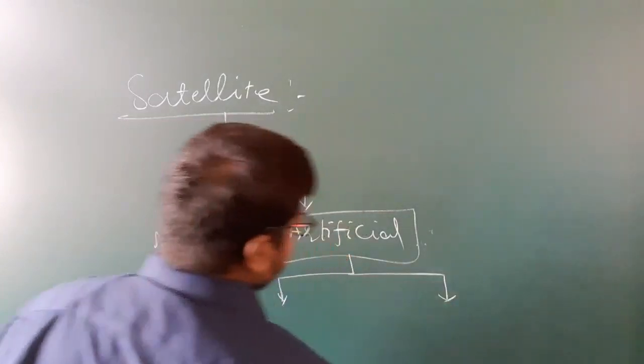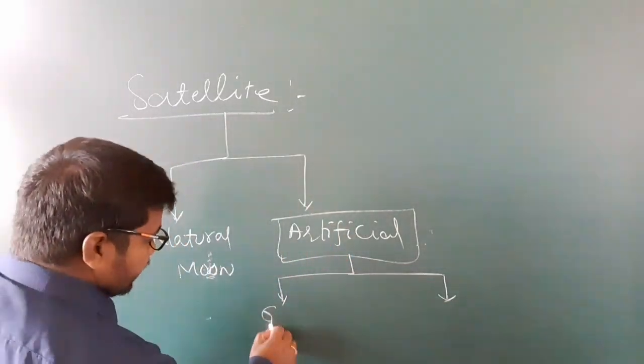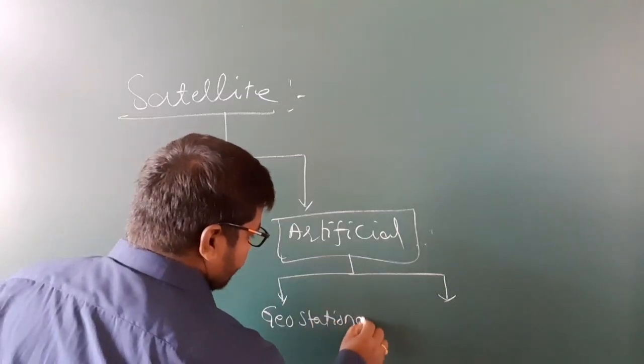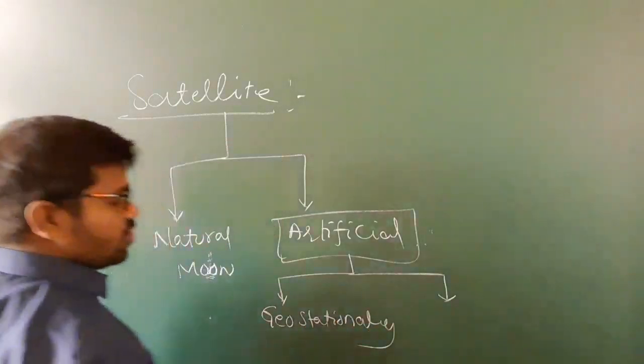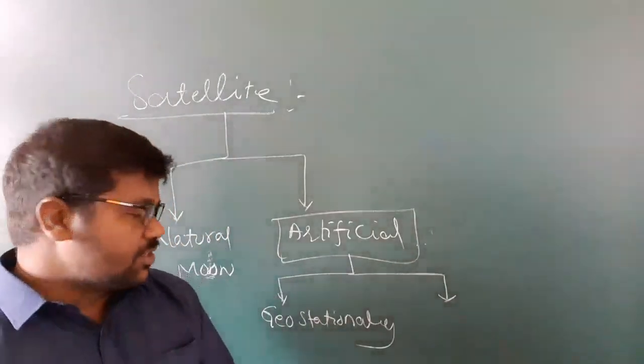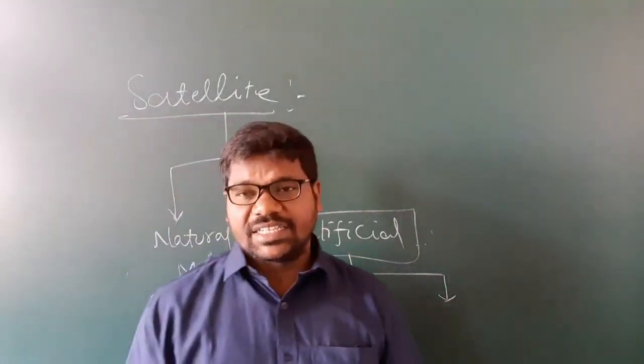What are they? Geostationary satellites. Geo means earth, and stationary means rest.